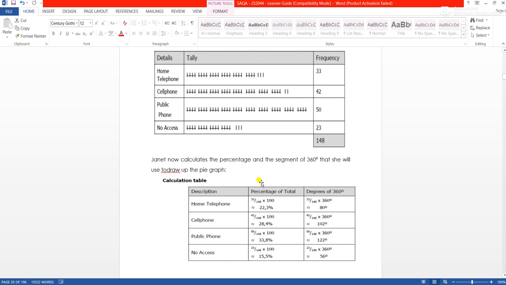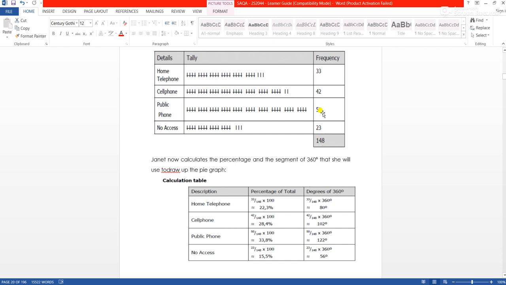Now we want to use these figures to get to our degrees within our pie chart, and once we draw that, it's much easier. For the home telephone, we take the 33, divide it by the total, and then multiply by 360. As you can see, that will give you the degrees within our pie chart.